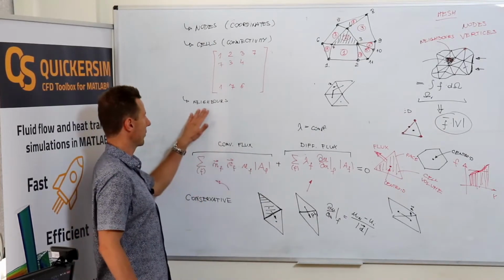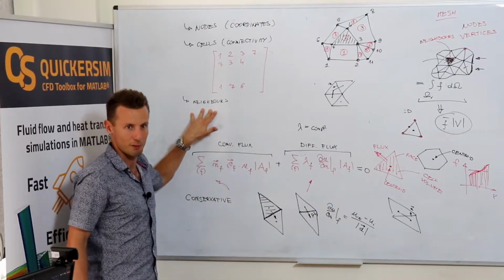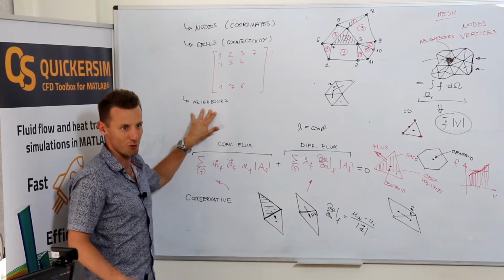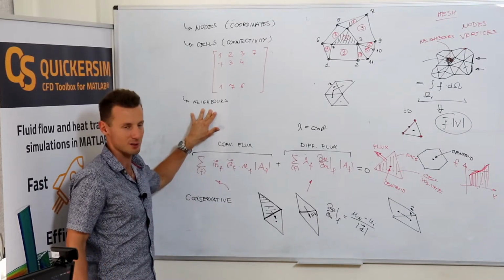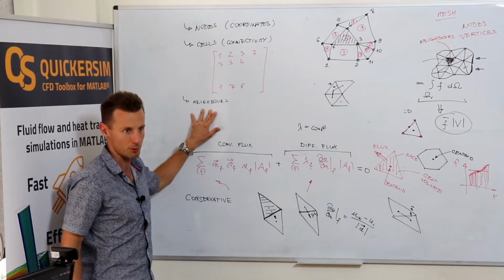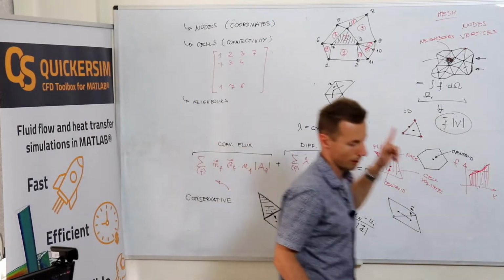Without the neighbors array, the implementation of the finite volume method would be like looping over n squared, all the cells that you have in the mesh, and it would be a nightmare from the computational point of view. So you definitely need to have the array storing the neighbors.